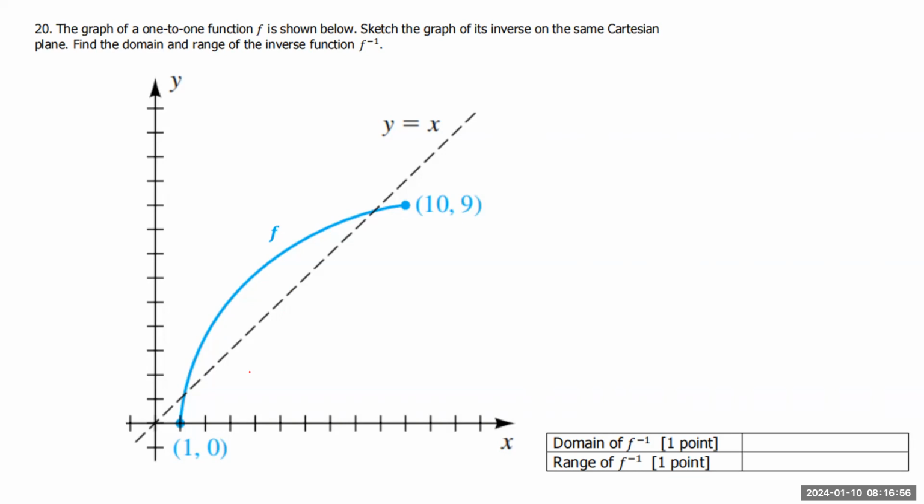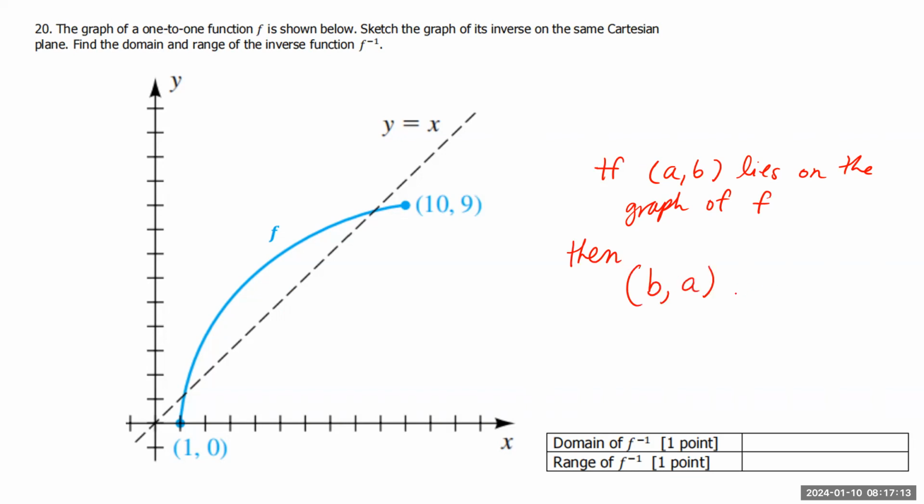Recall that if (a, b) lies on the graph of f, then (b, a) should lie on the graph of f inverse.